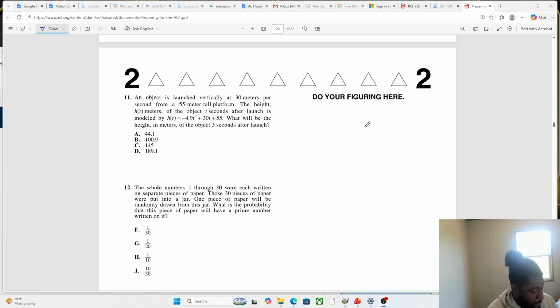Let's see. So I got negative 4.9 times 3 squared. So I'm just gonna write that down. So that's negative 44. Oh, my bad. Sorry. You know what?